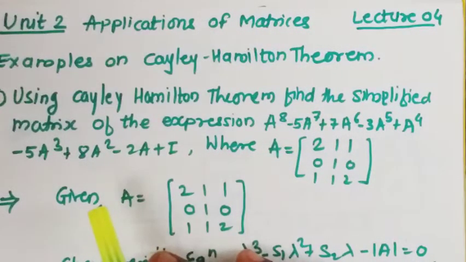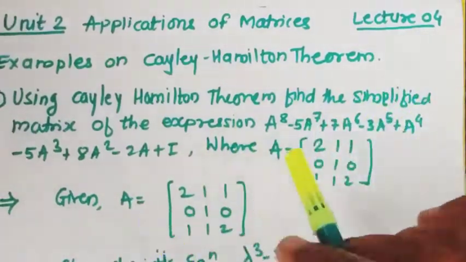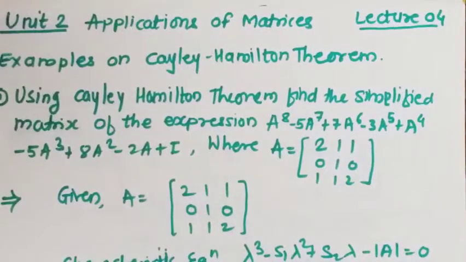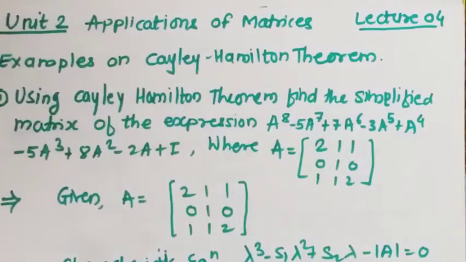It means we need to calculate the characteristic equation of the given matrix, and in that we'll replace lambda by the given matrix A, and that will give us some equation in the powers of A. Using that expression we are going to calculate the value of such a big expression. So let us see how.